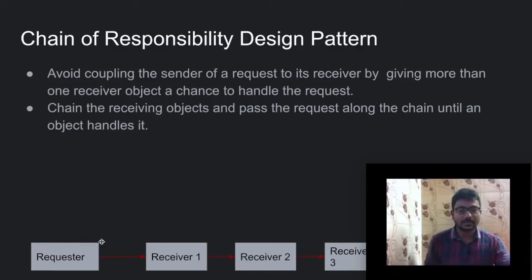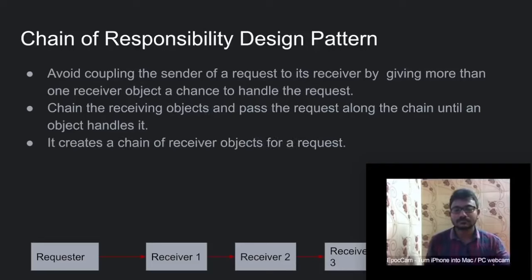After doing that operation, receiver 1 will acknowledge receiver 2 that I have validated these credentials, then you can take the further jobs. And receiver 2 does some job and then hands over the remaining job to receiver 3. So chain the receiving objects and pass the request along the chain until an object handles it.